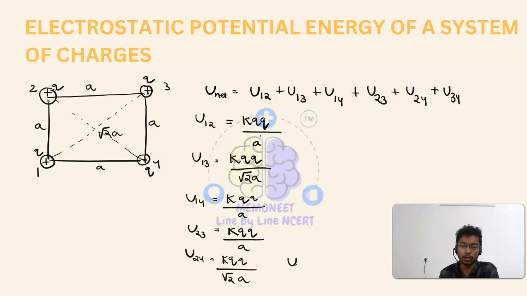Then the last one, U34, that is k q q upon a, where a is the distance between the third and fourth corner.